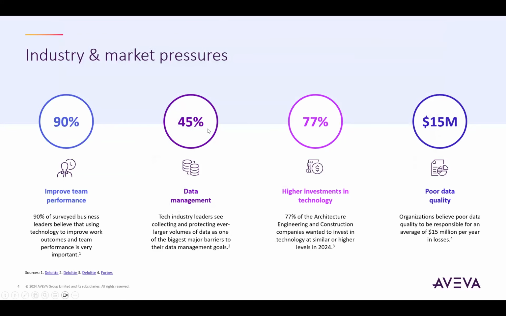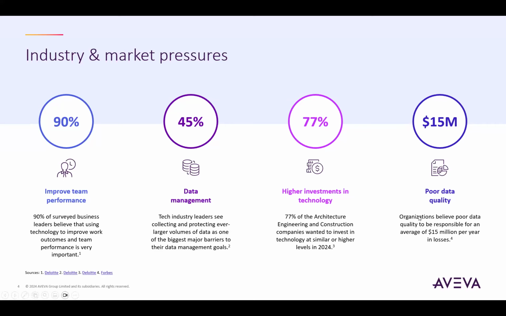Moving along, at the same time, on data management, technical industry leaders see a major barrier, and 45% of them cite managing the data that they have gathered during project execution. Moreover, many of the EPC firms, over 77% of them, like to invest in technology in order to improve their performance.